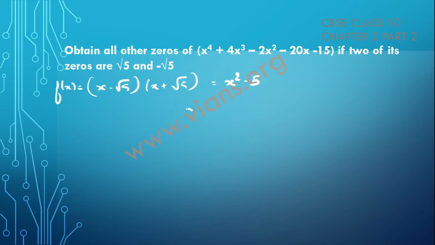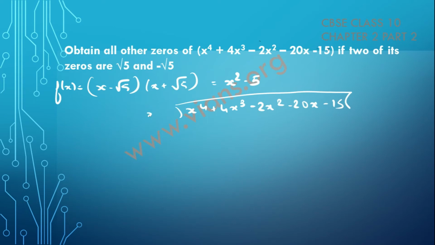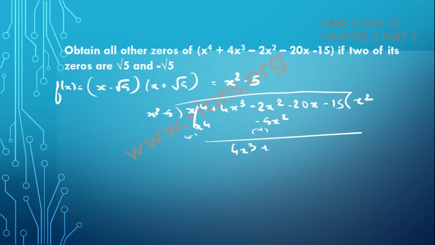So you get this. Now x power 4 plus 4x cube minus 2x square minus 20x minus 15, when divided by x square minus 5, what will you get? X square into x square gives x power 4 minus 5x square, plus 4x cube plus 3x square minus 20x minus 15.